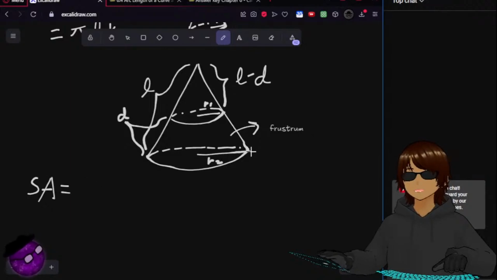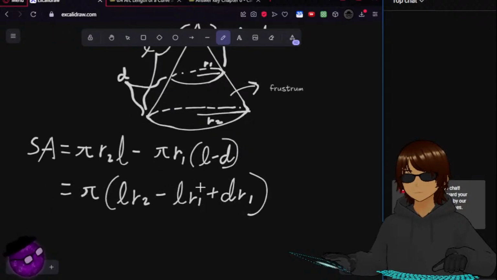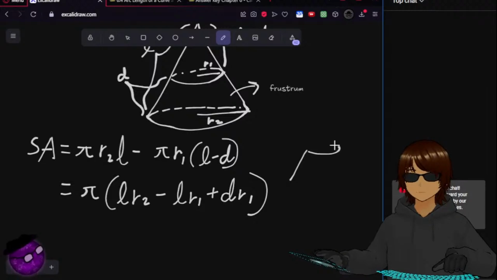So that would be pi R2 L minus pi R1 (L minus D). R2 is the largest. D, R1.